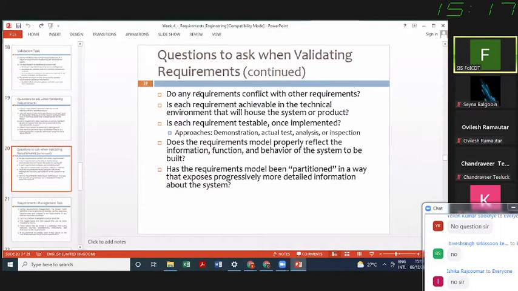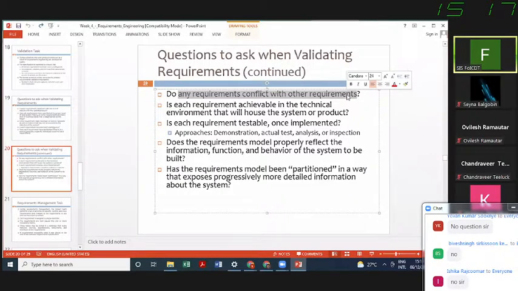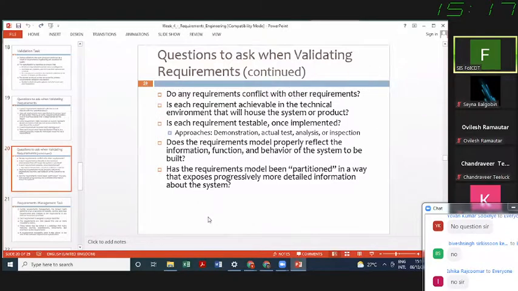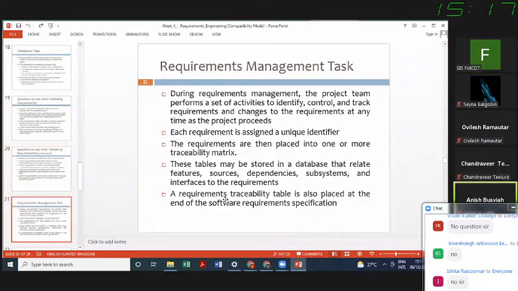Do any requirements conflict with other requirements? At times we can have contradictory requirements also. Is there any kind of contradiction here? Is each requirement testable once implemented? I think this is okay for this slide.